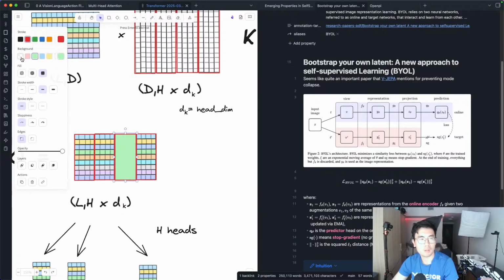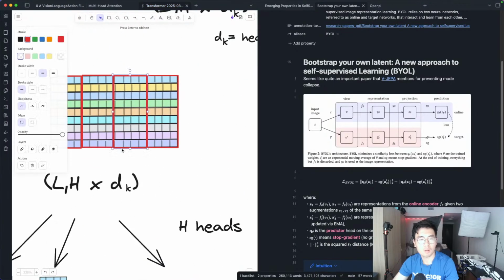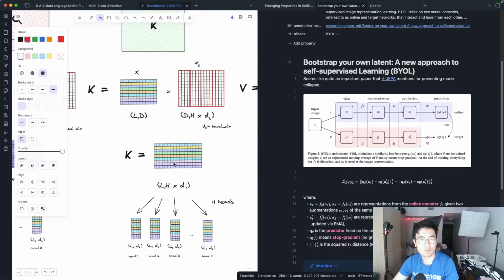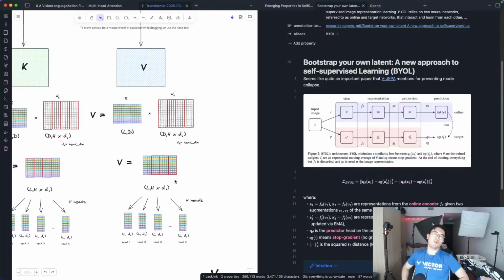Is this the best color? Probably not. I don't like the color. Okay.